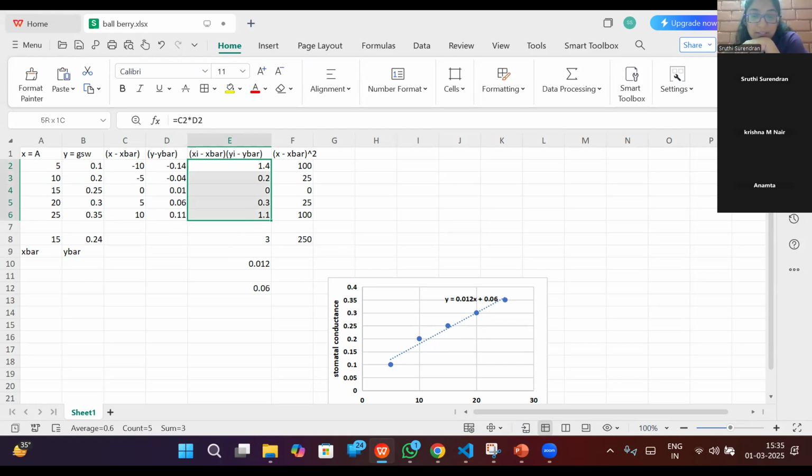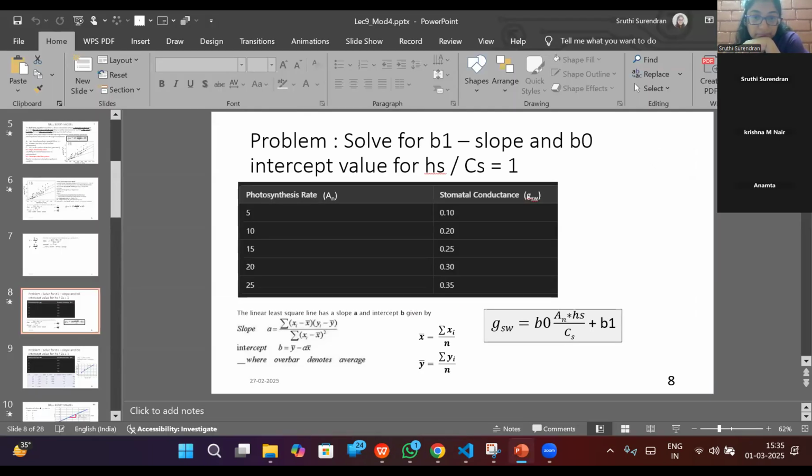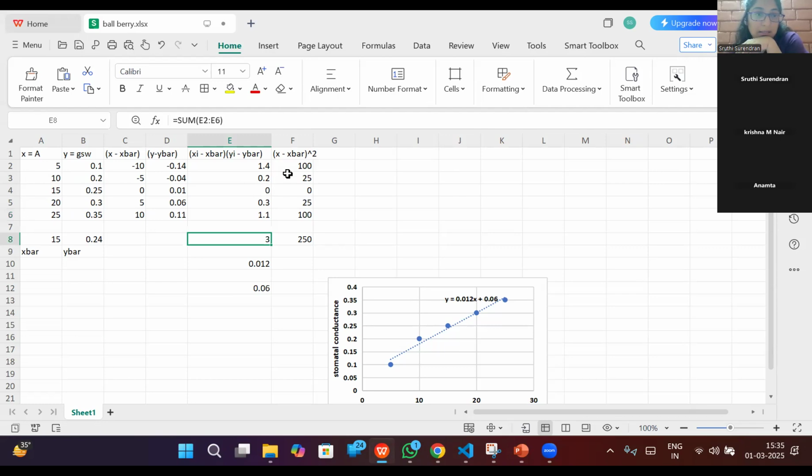If you see the formula in here, the numerator is the sum of, this sign is the summation symbol, the product of these two values. So the summation will be the sum of this column. So here we will get the final answer. The numerator value will be 3.